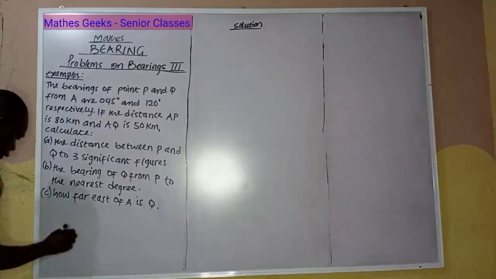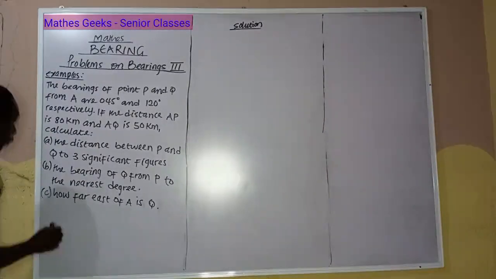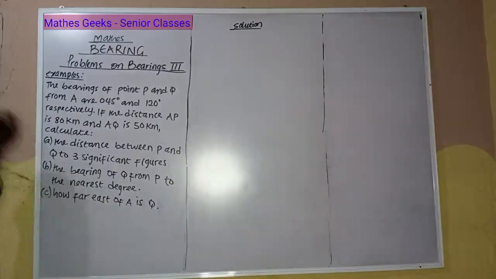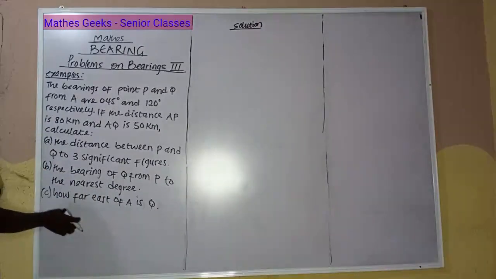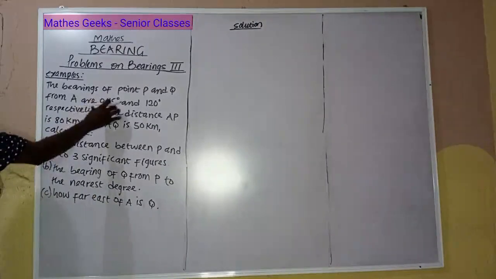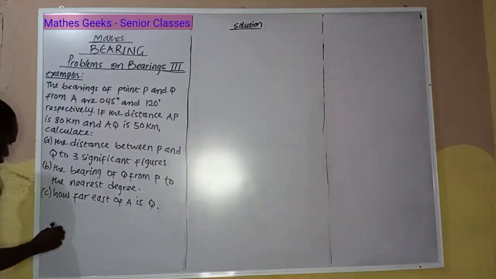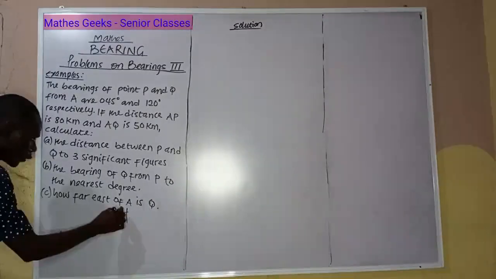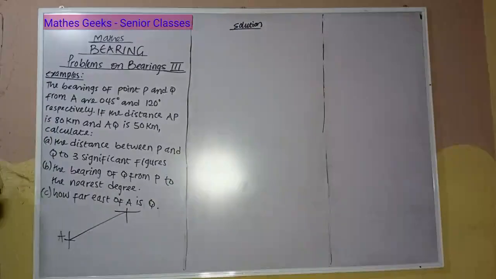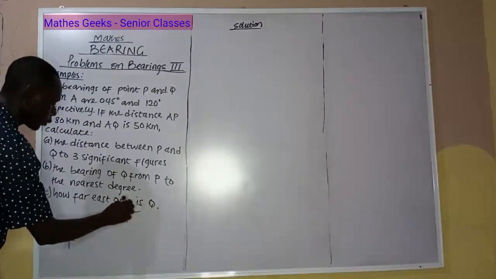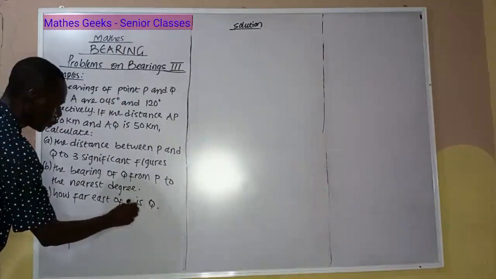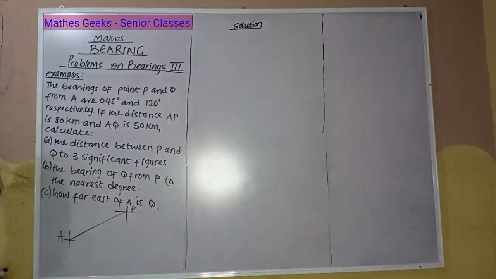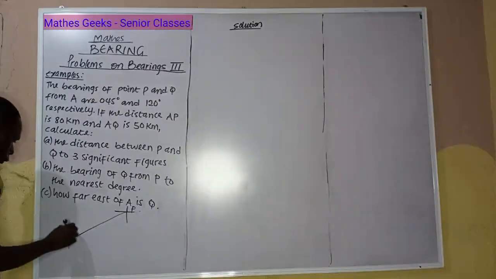So the bearings of points P and Q from A. A is our reference point. Since I'm going to have 120 degrees, 120 degrees will go this way, and 45 will go this way. So I'll put A at the middle, point A, 45 degrees. Wherever it stops, that's going to be point P. Here we have 45 degrees.